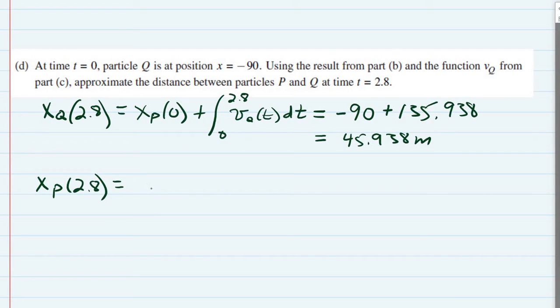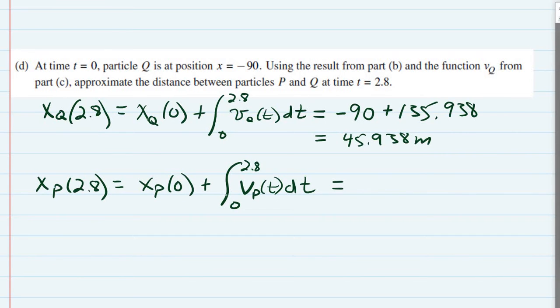I now have to find the position of particle P at 2.8. That also is going to be, oh, and this should be a Q up here. So this should be x sub q. All right, this would be xp of 0 here. And I already determined what the position was in B, because basically I would be integrating 2.8 of v sub p of t dt, but we estimated that, right?